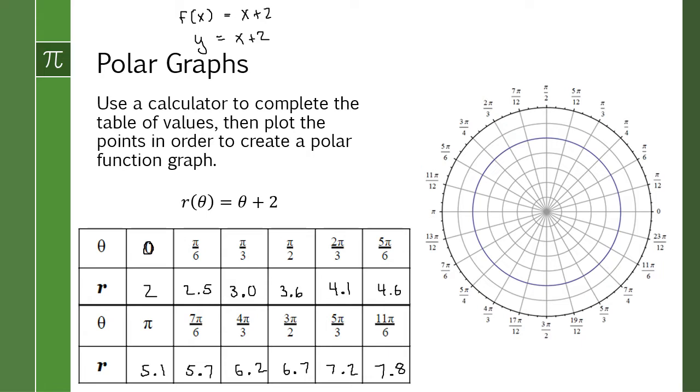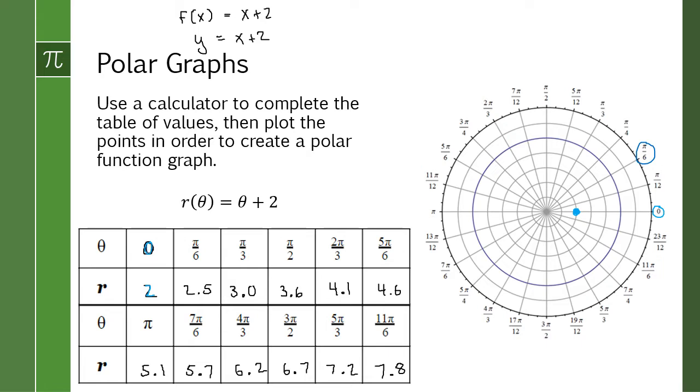So my first point, I have an angle of 0 and a radius of 2. So I am going to go 2 units towards this angle of 0. That first point lands right there. Second point, I have an angle of pi over 6. And the radius I calculated was about 2.5.